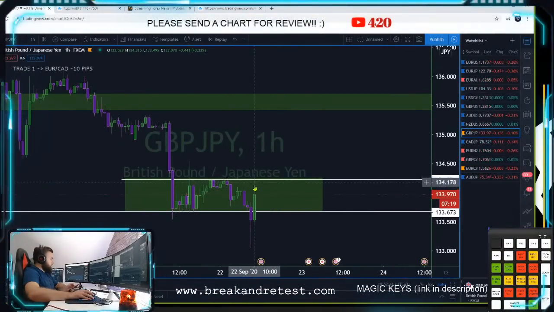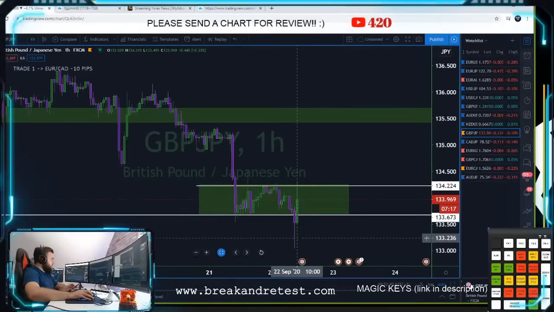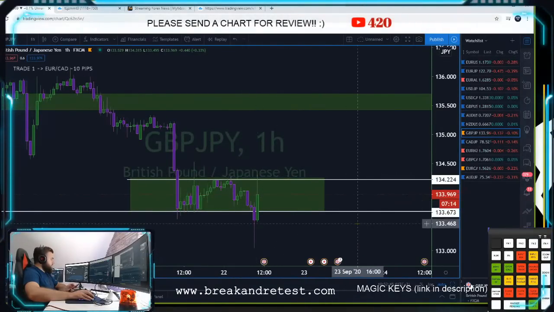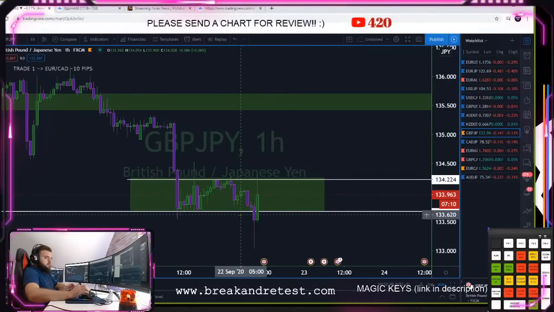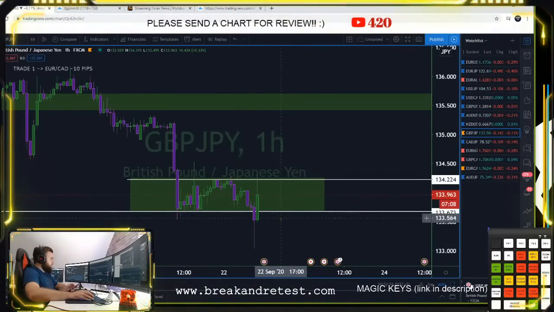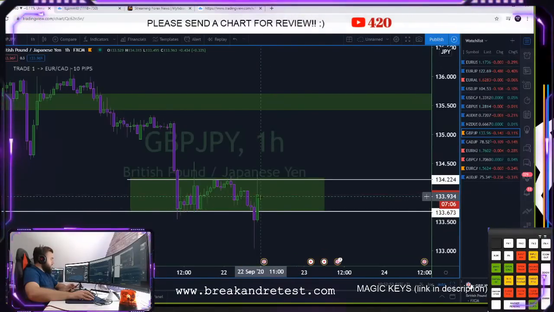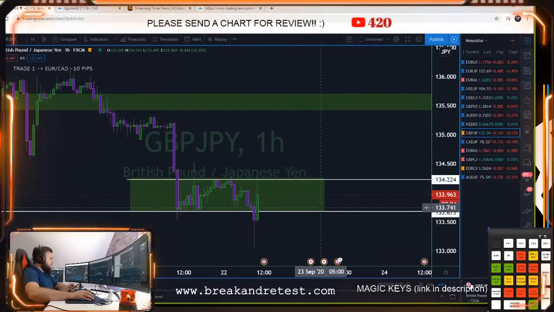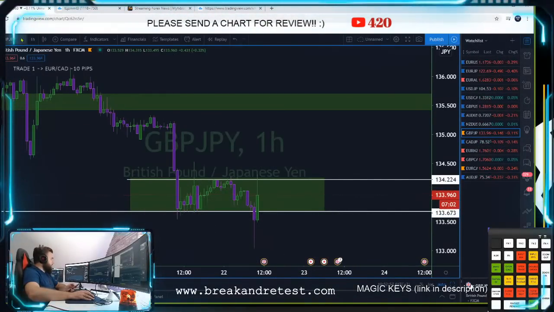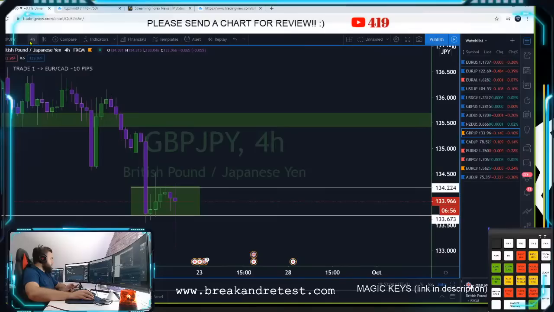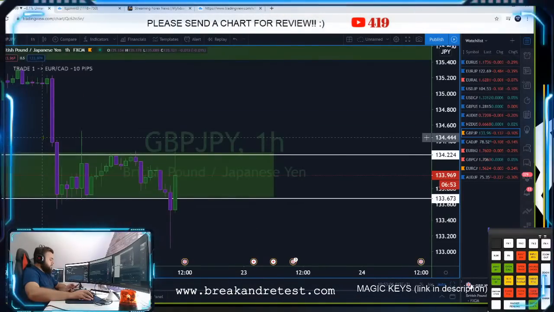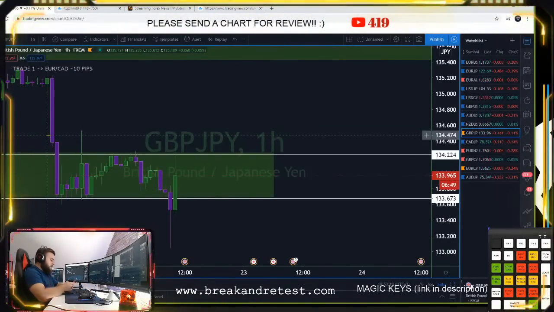GJ got rejected from this too. Looks like it's not gonna close above, but definitely it's gonna close back in the range, which means, can a retest and continuation happen here? It can, but on the 4 hour it's only gonna be a rejection, so I think I'm gonna stay away.